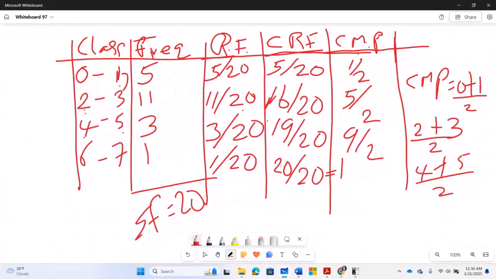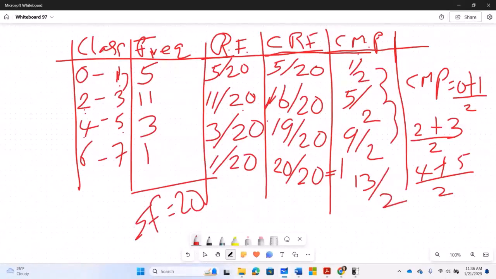By the way, you will notice that the difference between here and here is 4/2, which is 2. The distance between here and here is 4/2, which is 2. So actually, the class midpoints differ by the class weight. All right, so I can add 4/2 here, and I have 4 plus 9 is 13, so I know that this is 13/2.